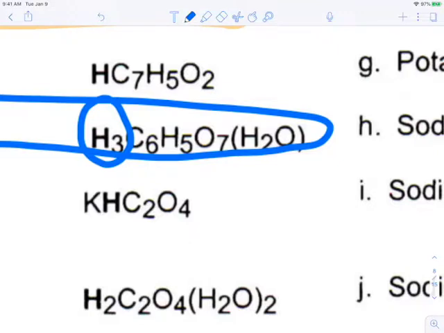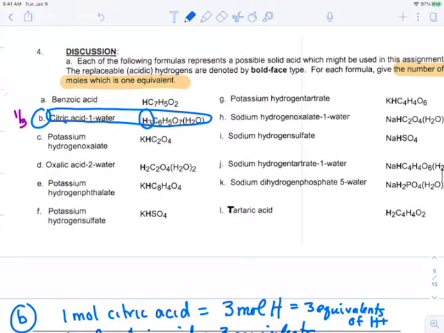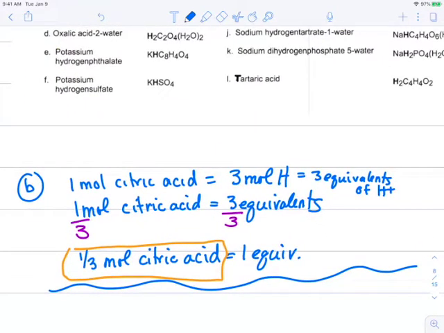And I've gone ahead and circled this one. So there are 3 hydrogens inside of here, or I should say 3 hydrogens that can be given off during a titration. So now underneath, I say for every 1 mole of citric acid, there are 3 moles of H+, and that is equal to 3 equivalents of hydrogen. So for every mole of citric acid, we have 3 equivalents of hydrogen.